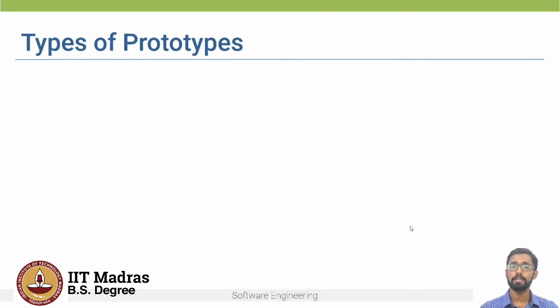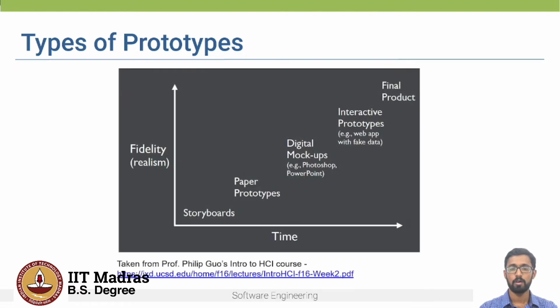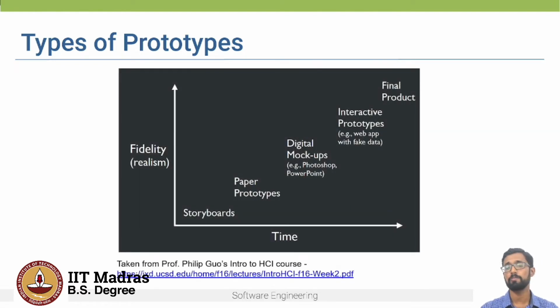So now let us look at different types of prototypes. We can develop different types of prototypes based on the purpose, the time of development, and also the fidelity. Fidelity refers to how real the interface is compared to the final product.